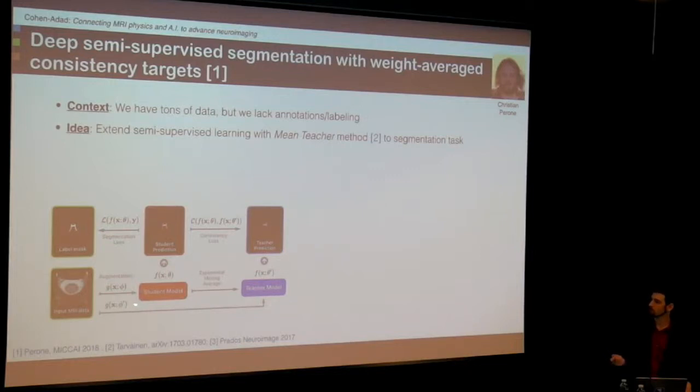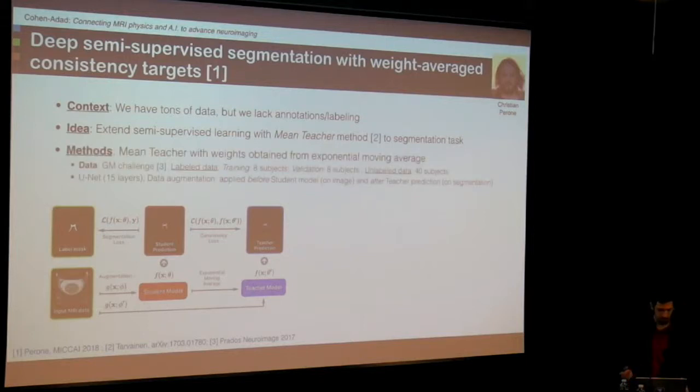So the trick was basically to modify the architecture so that the data augmentation, which could be a rotation or scaling, is applied on the estimated labels in output of the teacher model and as an input of the student model.